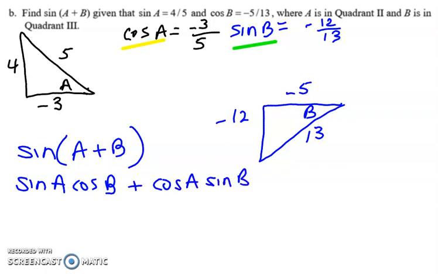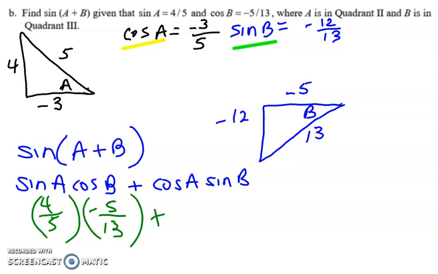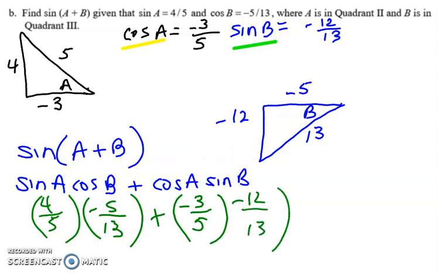is going to be the sine of A cosine B plus cosine A sine B. So now we're just plugging and chugging again. Okay? We got the sine of A given in the problem, 4/5. Cosine of B given in the problem, negative 5/13. Plus cosine of A we found to be negative 3/5. The sine of B, negative 12/13.